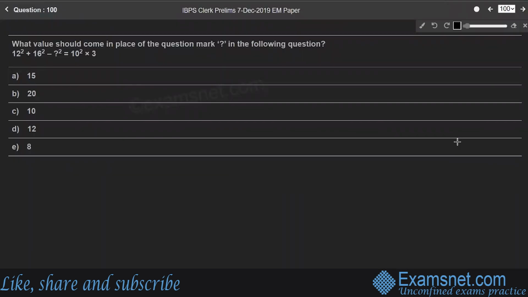Question 100. What value should come in place of the question mark in the following question? Here the question is 12 square plus 16 square minus some number, its square, so it is x square. Let the number be x, and its square is equal to 10 square into 3.